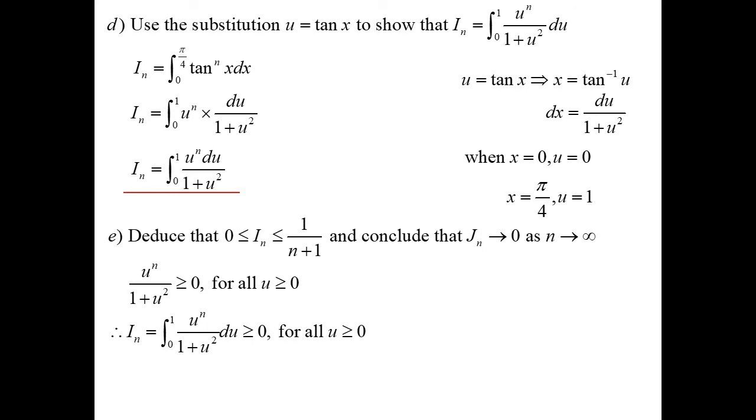Now the right-hand side, proving it's always less than or equal to 1 on n plus 1. We'll go back to this formula. In plus I(n plus 2) is equal to 1 on n plus 1. Well, that means In is 1 on n plus 1 minus I(n plus 2). But hang on. Remember back here? We said In is always positive.